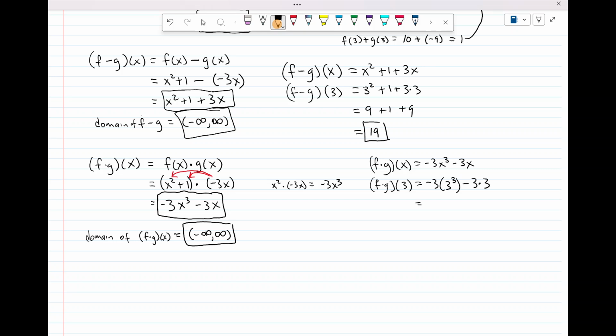And this is going to be equal to negative 3 times, and 3 to the third is 27. So I'll do the exponent first. And then negative 3 times 27 is negative 81. Negative 3 times 3 is negative 9. So this will be equal to negative 90.